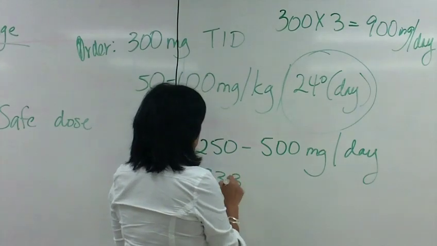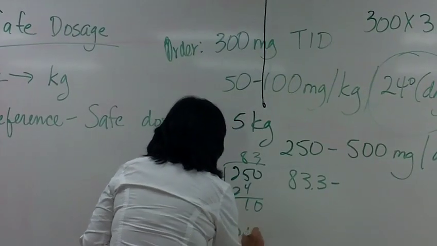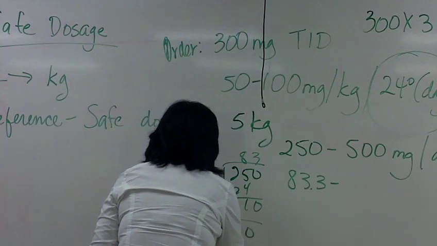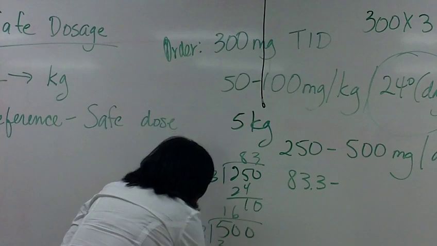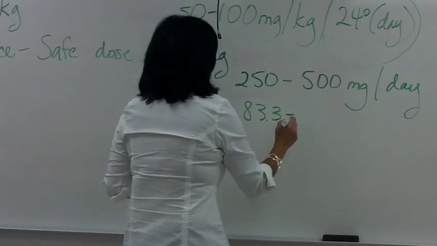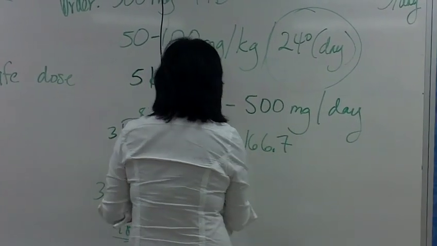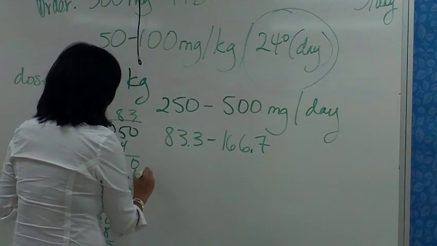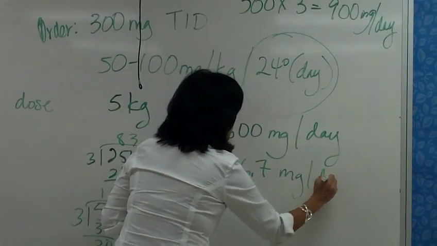So it's 83.3, and then 500 divided by 3 dosages is 166.7, because we're going to round this up to 0.7 milligrams per dose.